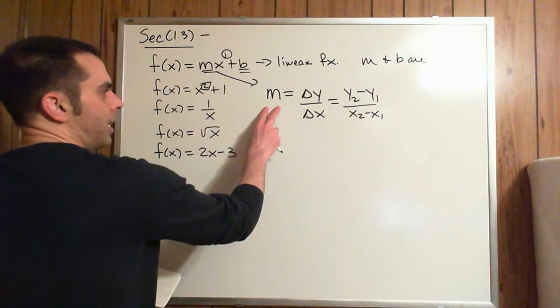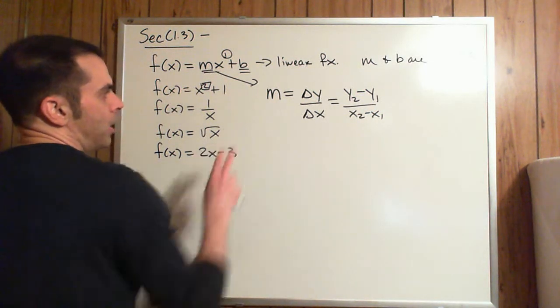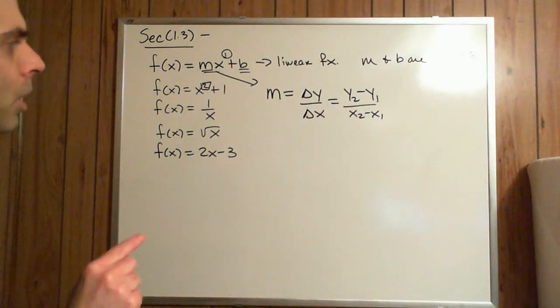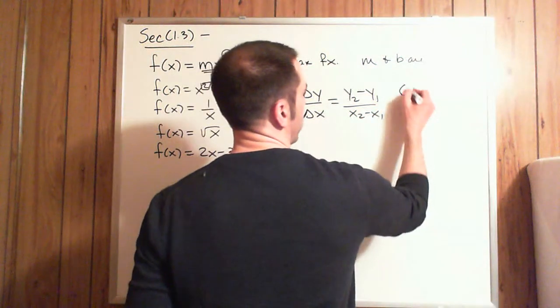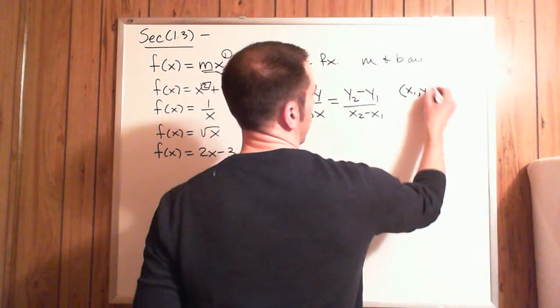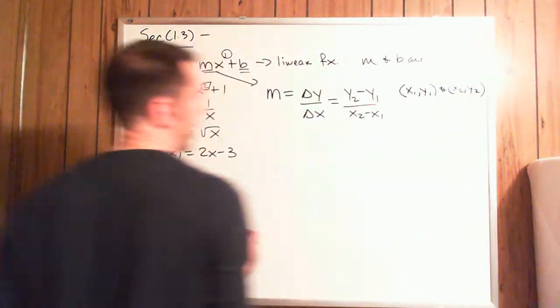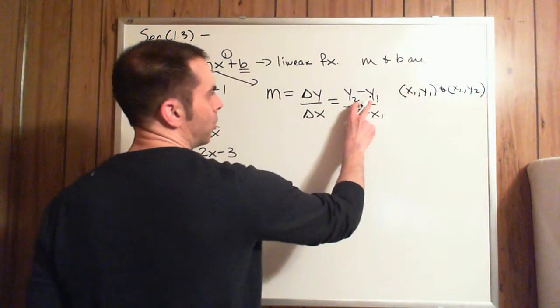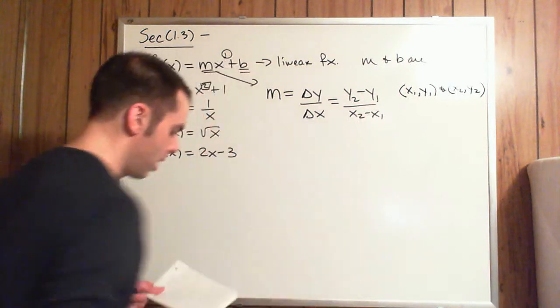The slope of a line is also called the average rate of change. In order to find the slope of a line, you need 2 points. And we call these points x1, y1, and x2, y2. And that's what I've done right here. I subtract the y's, and in the same order I subtract the x's.